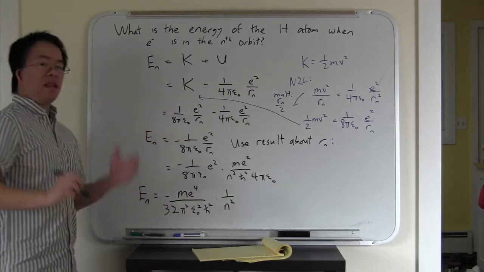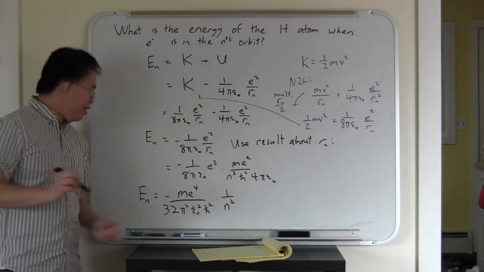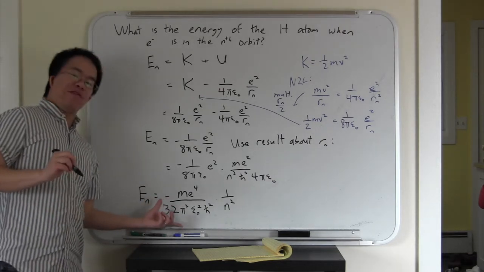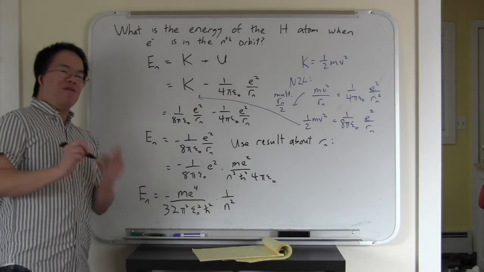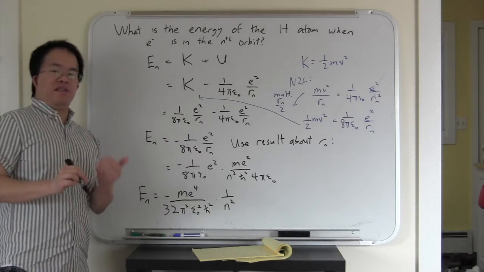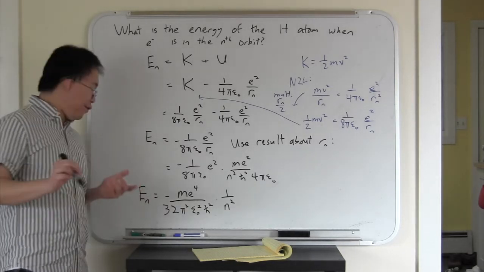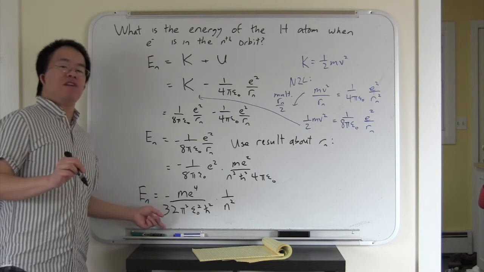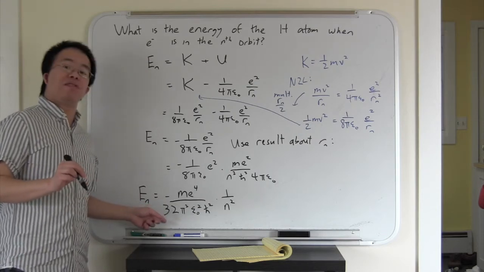Okay. Now this is our result. This is this big lump of constants in front. Often it's convenient to work with its numerical value in electron volts. You can go and convince yourself that all of this stuff really does have units of energy.